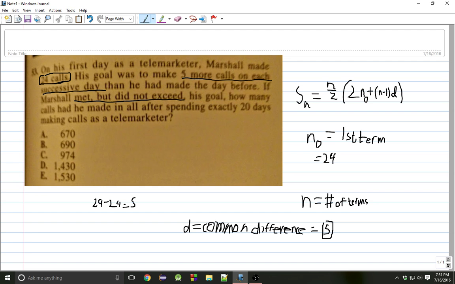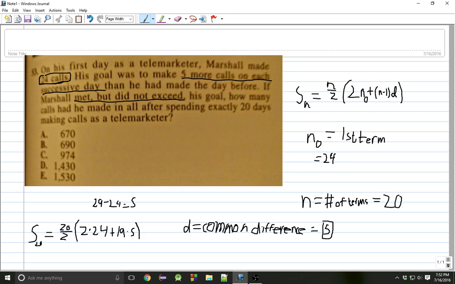So when we substitute these numbers into our formula, and by the way, the number of terms is 20 because there are 20 days, we get S of 20, the sum of the 20 terms, equals 20 over 2 times 2 times 24 plus n minus 1, or 20 minus 1, or 19, times 5.